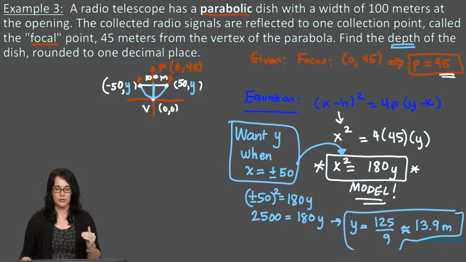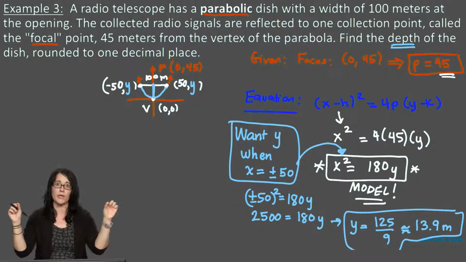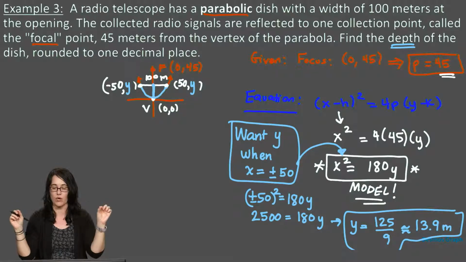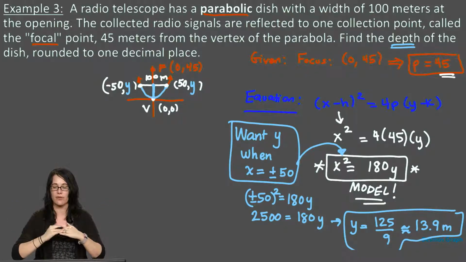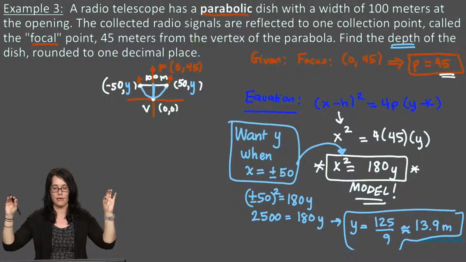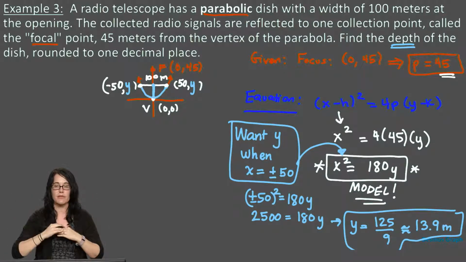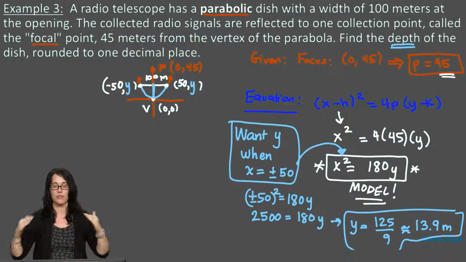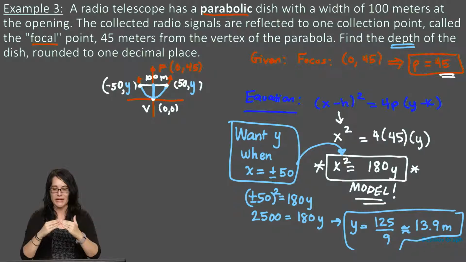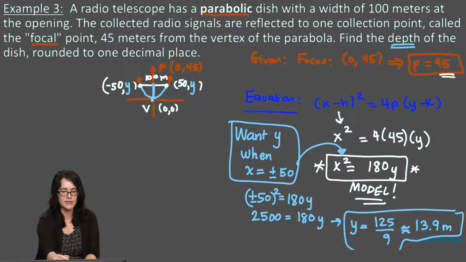Looking back at our situation, we knew that at the opening, it was 100 meters wide across, right? And now we're saying that if we went up about 14 meters, that's the depth when we go out to our opening there. Notice also that the focus is beyond it. Our radio signals are focusing on a single point, which is 45 meters from the initial vertex, right?